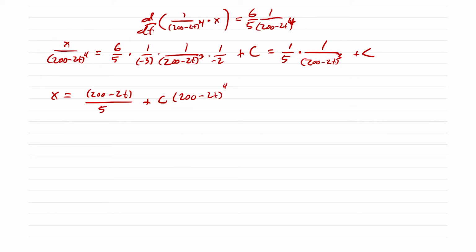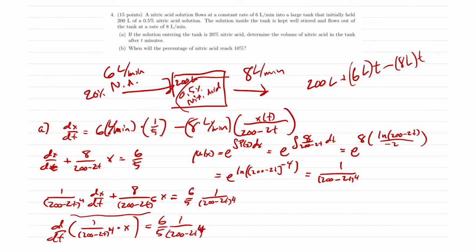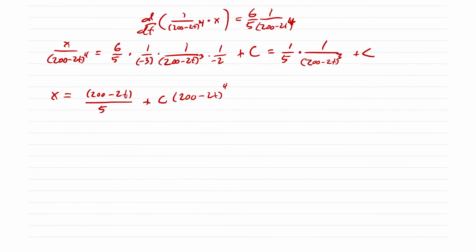Okay, so now this was an initial value problem, and we were told we had initially 0.5% nitric acid with 200 liters. And so what is 200 times 0.5? Double check that. 0.5%, so we have 0.5 over 100.